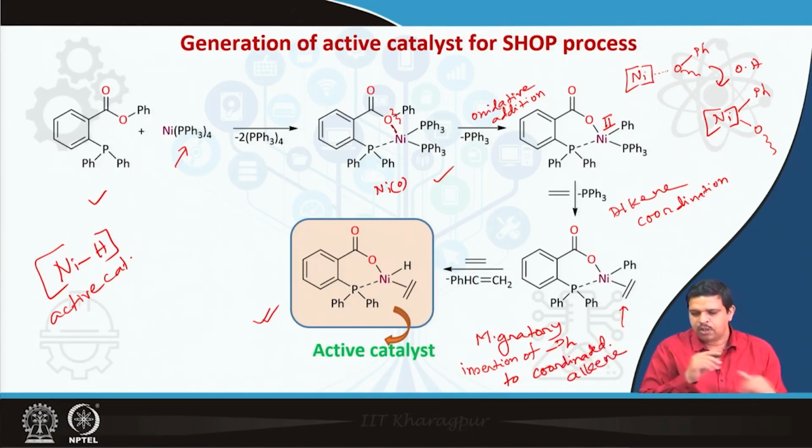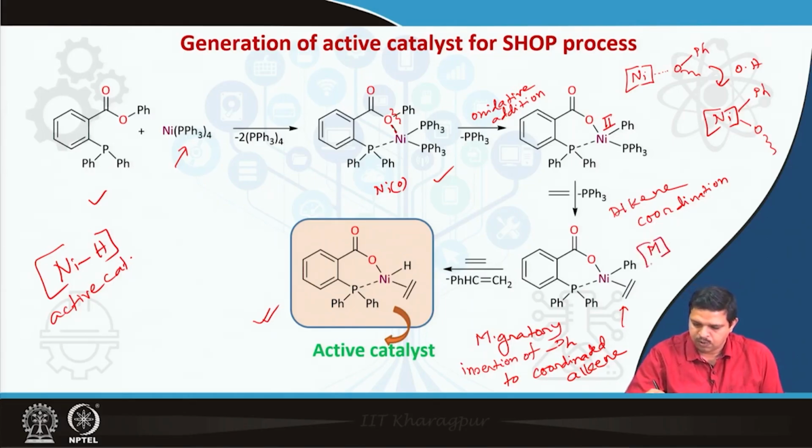So basically it is insertion of the alkene into the metal carbon bond. Here metal carbon means the metal phenyl bond. So in a simple way, this is my phenyl and here is an alkene.